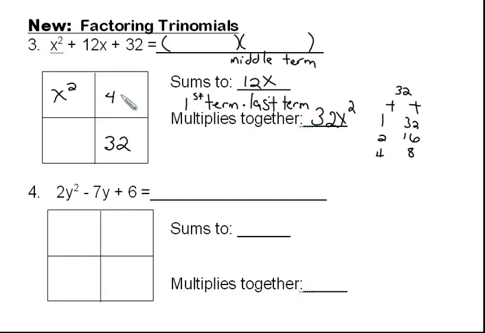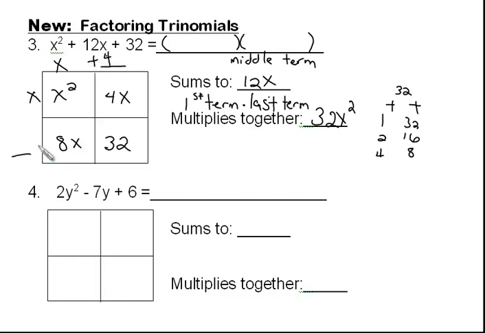So we're going to put 4x and 8x, and it does not matter, like I've said before, which one you put in which box. What matters is how you factor out here to make sure that you get these areas inside the boxes. So x times x will multiply to be x squared. What am I going to put here? So that x times whatever's in this blank will give me 4x, and that will be a positive 4.